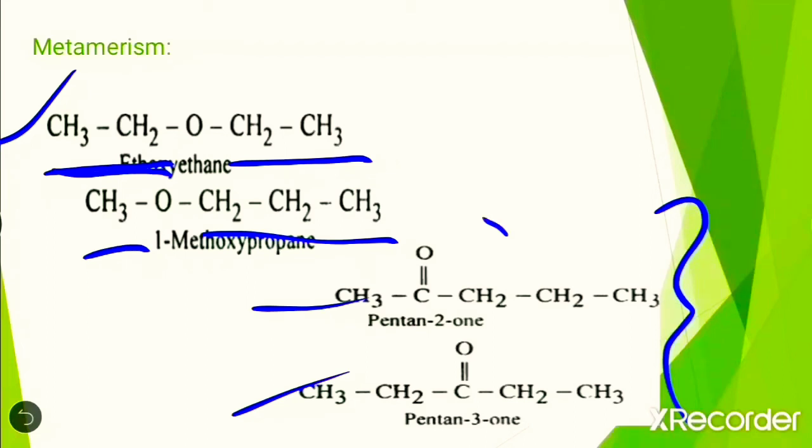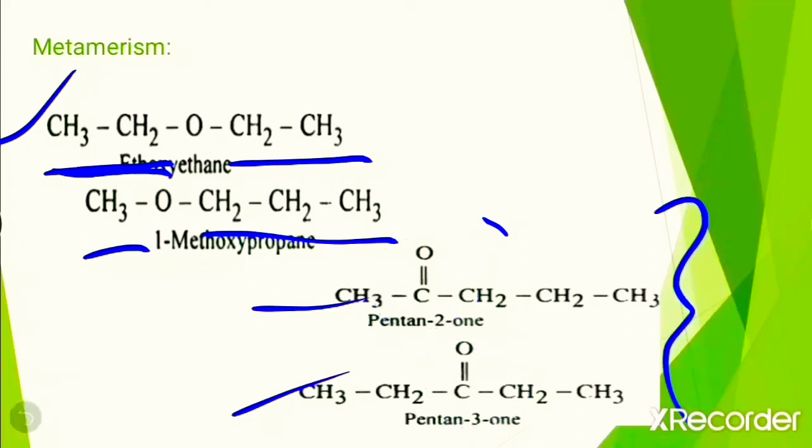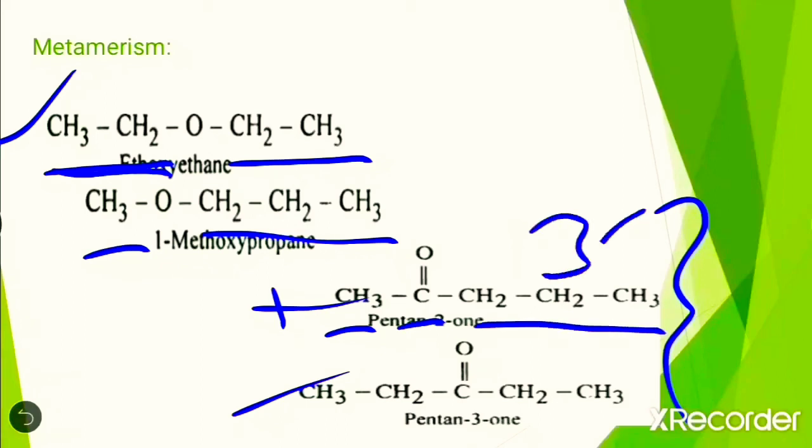Over here the ketone is at the second position, and over here at the third position. So how are they metamers? In the first ketone, on one side we have 1 carbon atom and on the other side we have 3 carbons. In the second isomer we have 2 carbons on one side and 2 carbons on the other side. Therefore it differs in the number of carbon atoms on either side.